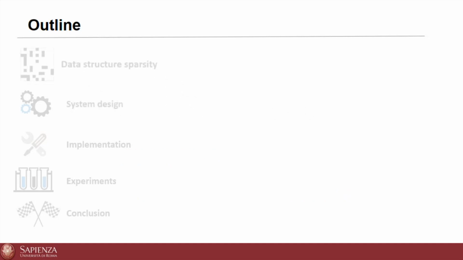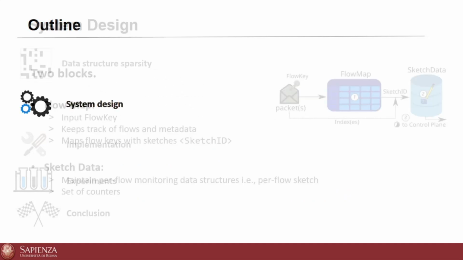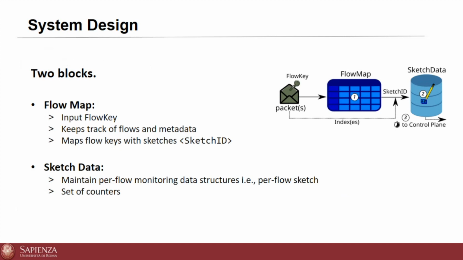So let's introduce the design of our system. SPADA is composed of two main blocks, the flow map and the sketch data. For the first block, the flow map, whenever a new packet is received, the flow key is extracted, for instance the 5 tuple, and this flow key is passed as input to the flow map.